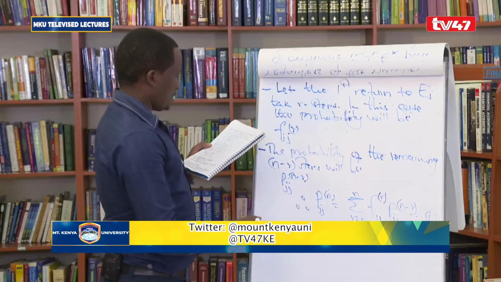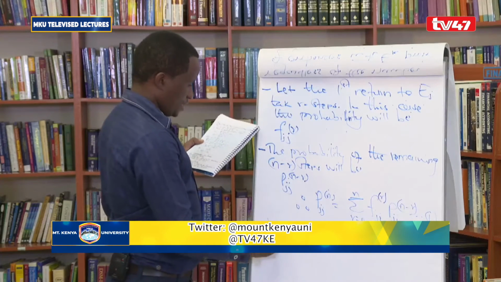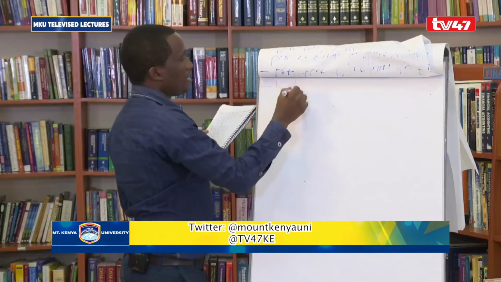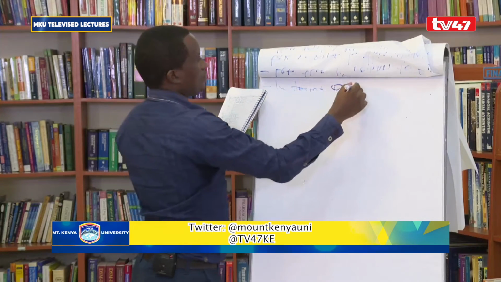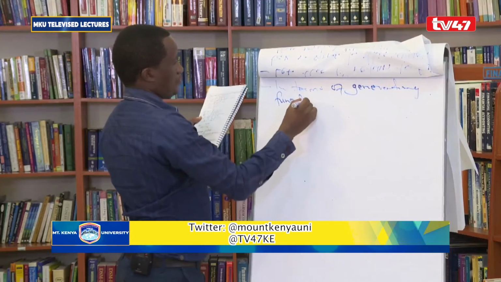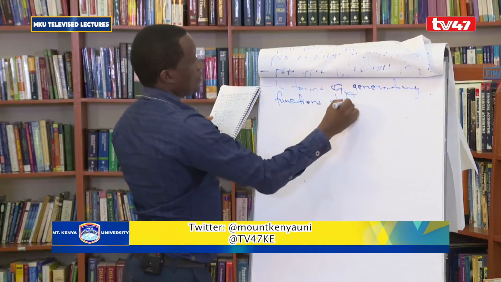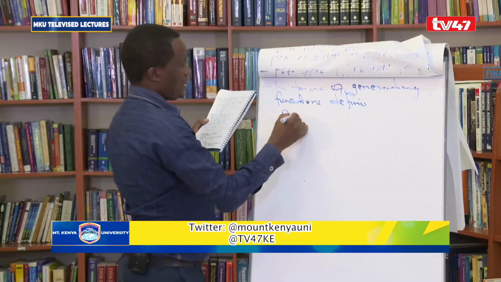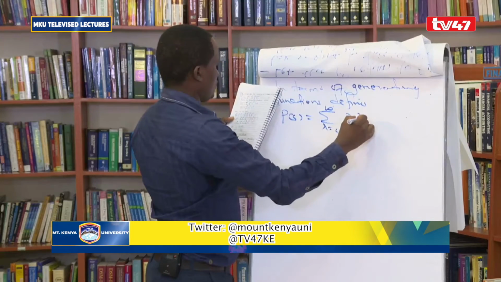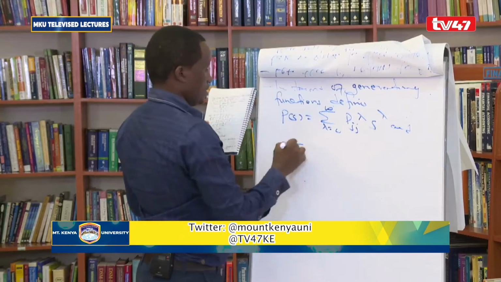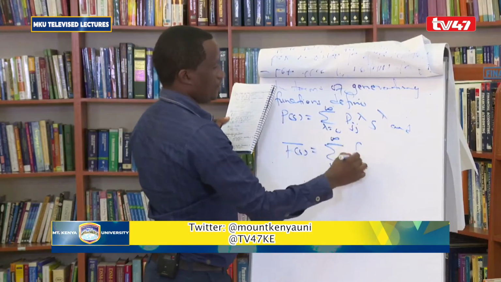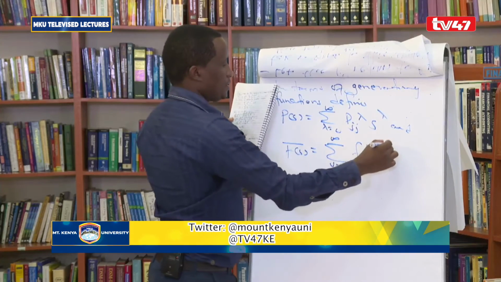From this, we have, in terms of generating functions, define P(s) to be equal to the summation, lambda from 0 to infinity, of p_jj^(lambda) s^lambda, and capital F(s) to be equal to the summation, u from 0 to infinity, of f_jj^(u) s^u.